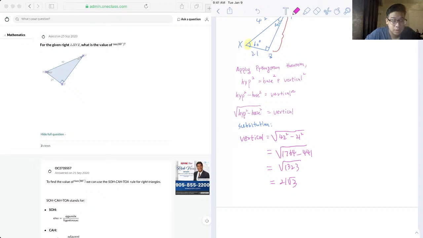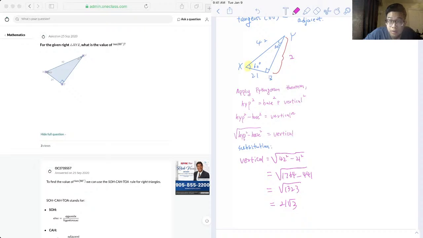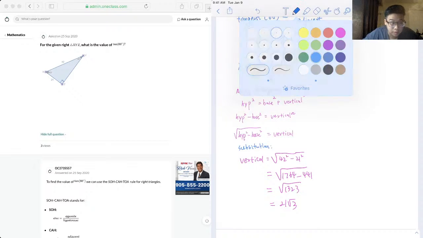Yep. So now we have everything we need to calculate the tangent. We can write 21 root 3 here. So we have our hypotenuse 42, adjacent as 21, and opposite as 21 root 3. So let's do the tangent.